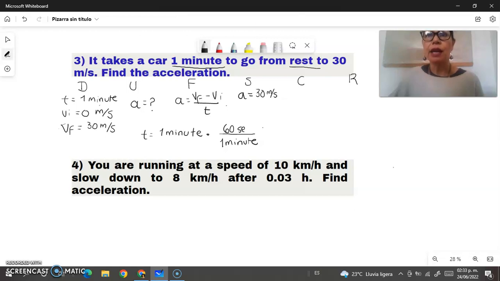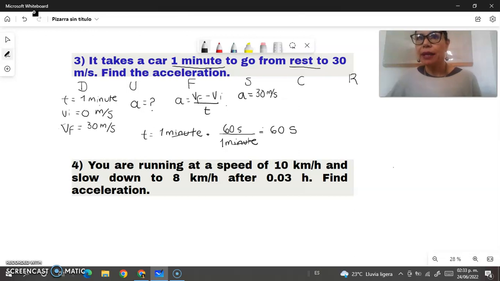As you remember, guys, we have to put the minutes in the denominator because we want the minutes to cancel each other, the numerator with the denominator. And we keep the seconds. So the time equals 60 seconds.